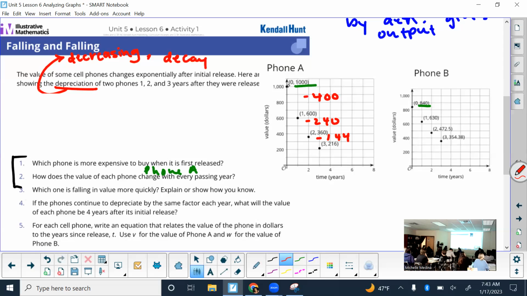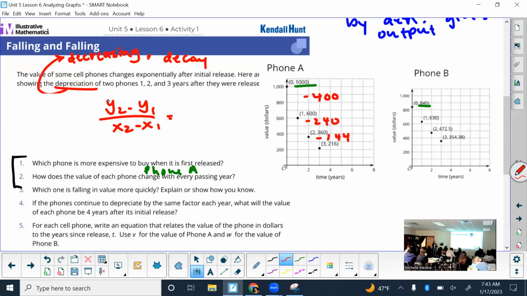And it depends on where you're looking. So if I'm looking from year 0 to year 1, my average rate of change is minus 400. If I'm looking from year 2 to 3, it's minus 240. So even though we didn't necessarily plug it into the formula, it would give us the same answer.